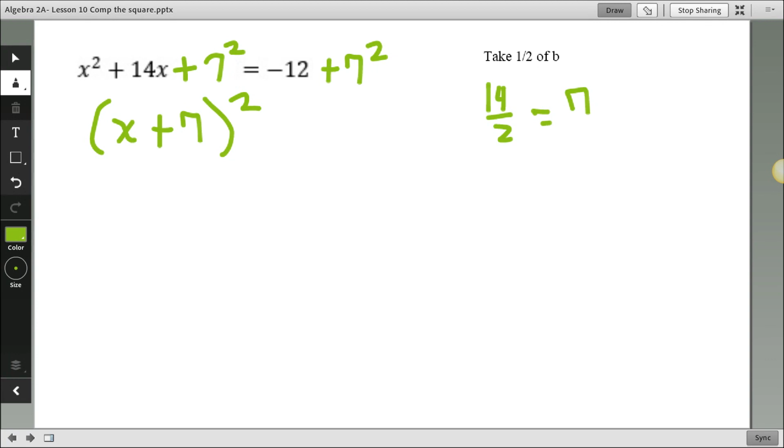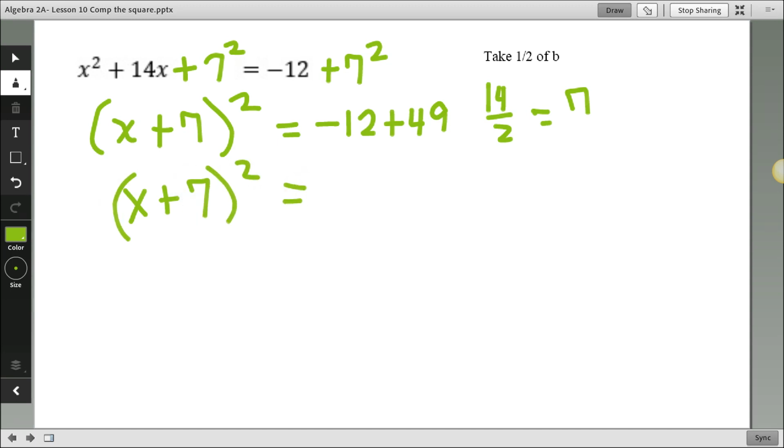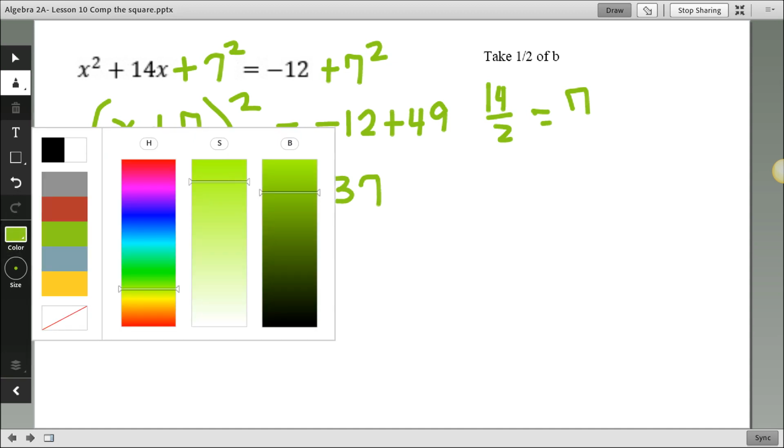So we're kind of working backwards here a little bit. And on the other side, we've got negative 12 plus 49. So this gives me x plus 7 squared equals, and then negative 12 plus 49 is 37.